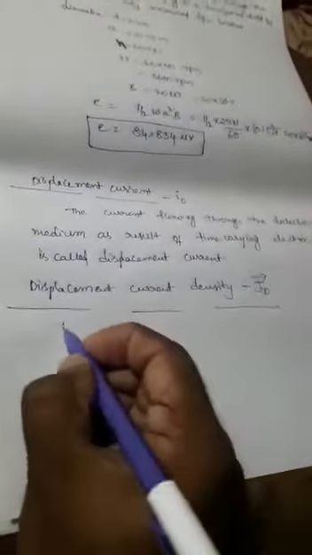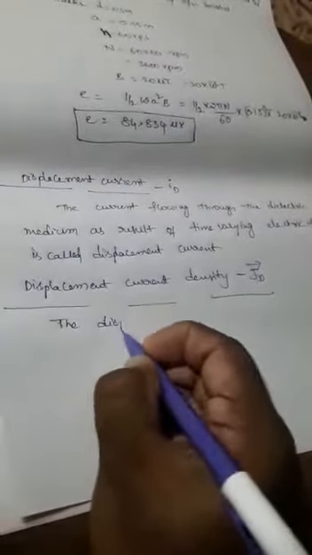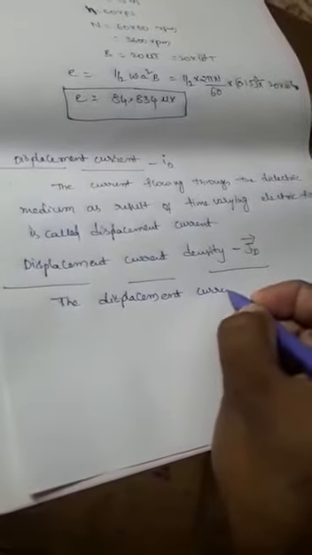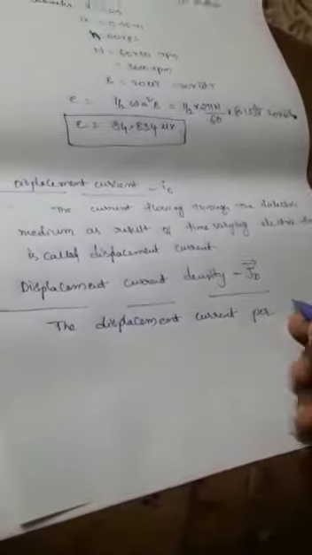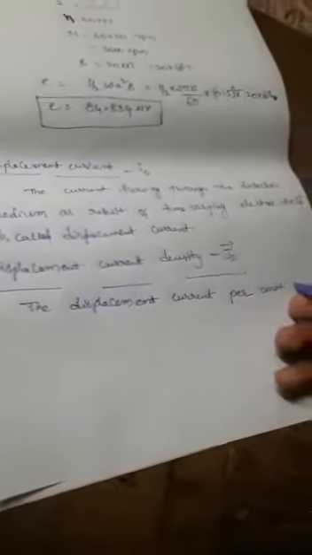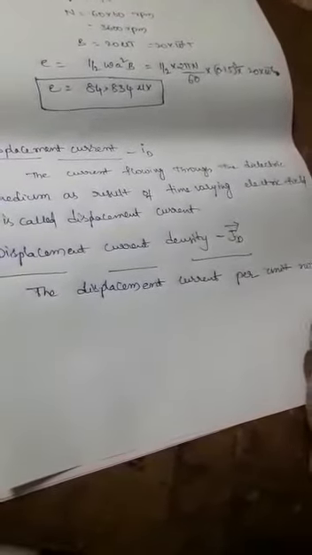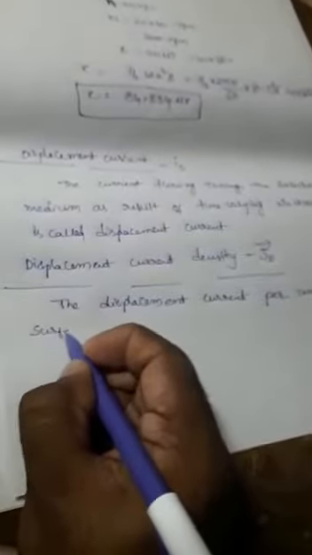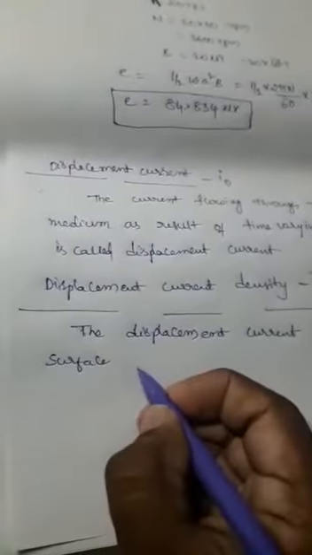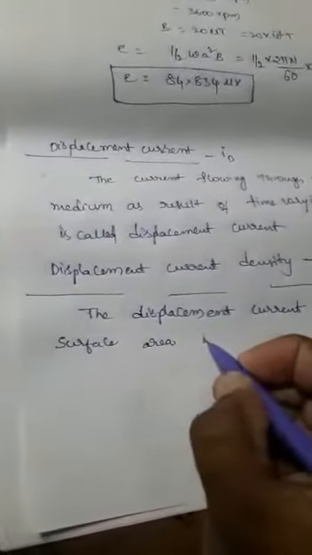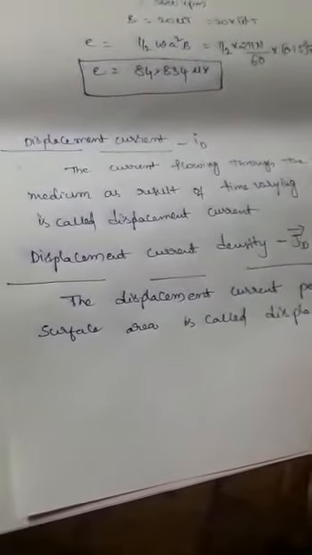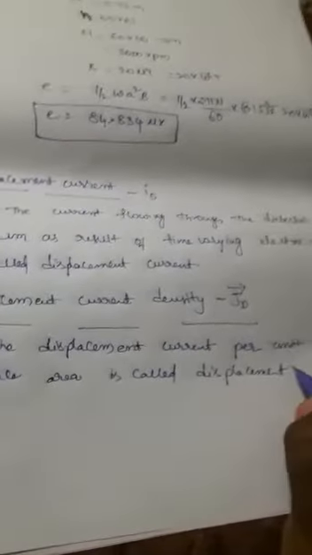That means the displacement current per unit normal surface area is called displacement current density.